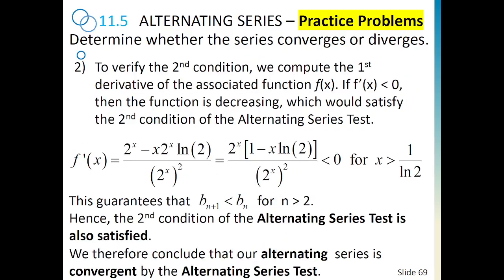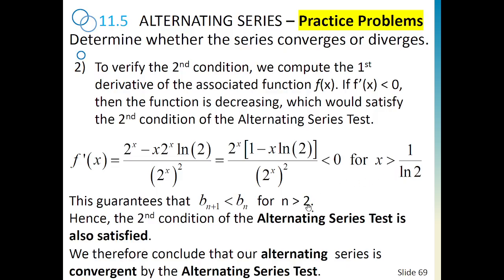Again, it's not obvious to see if the condition here is satisfied or not, so we need to use the first derivative. If the first derivative is negative, then this expression here is satisfied. But again, the computation might be ugly, so we just need to see when this derivative is negative for which values of x.